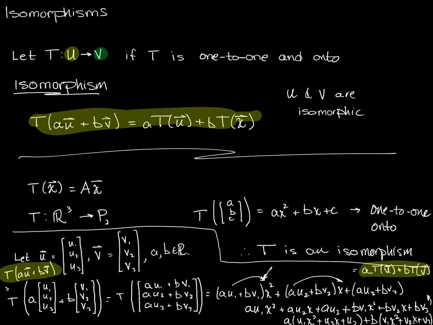So as it happens, if two collections of things, two sets, U and V in this case, R3 and P2 in this case, if they're isomorphic, then this statement will be true. There are some interesting and powerful results that come out of this statement here. That if two sets are isomorphic, if U and V are isomorphic, then this will be true.